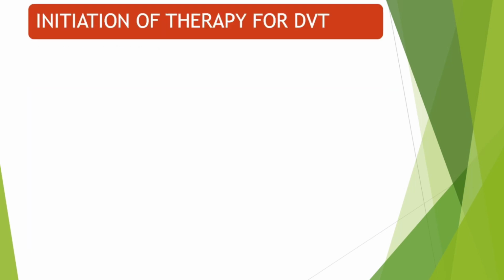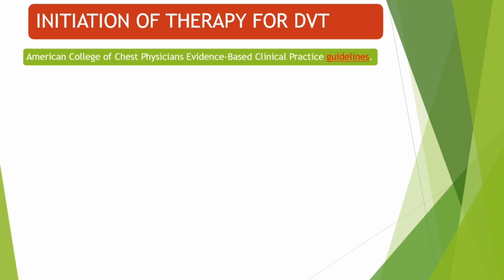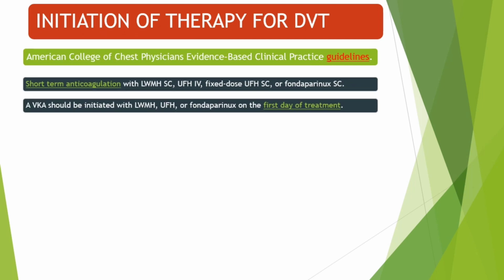In this slide, we will briefly go through how to initiate anticoagulation therapy for patients with deep venous thrombosis. The American College of Chest Physicians evidence-based clinical practice guidelines will be followed, and they state that when you are starting a patient on an anticoagulation regime in the short term, first we will start the patient on either subcutaneous low molecular weight heparin or fixed dose unfractionated heparin, or intravenous unfractionated heparin or subcutaneous fondaparinux, and a vitamin K antagonist should be initiated with low molecular weight heparin or the unfractionated heparin or fondaparinux on the first day of treatment.